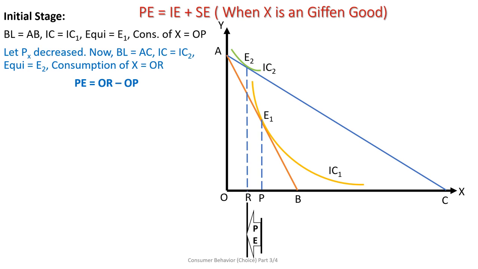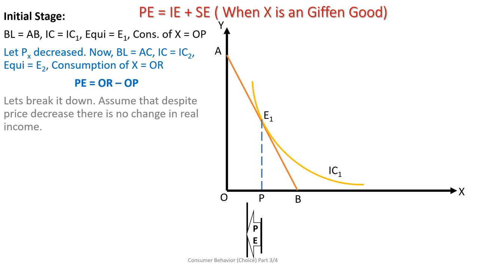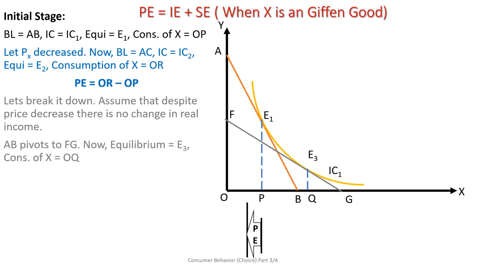Therefore, the budget line will no more be AC. In fact, it will be FG, which will be tangent to IC1 at E3. The consumption of commodity X will be OQ. So the substitution effect is OQ minus OP.